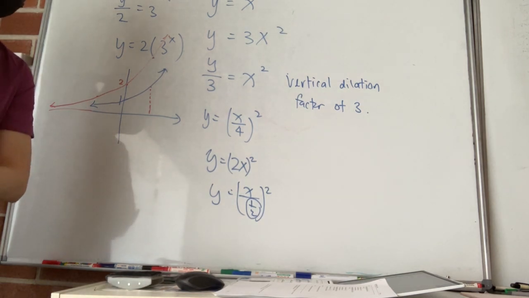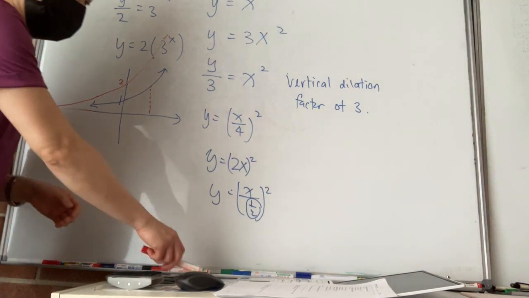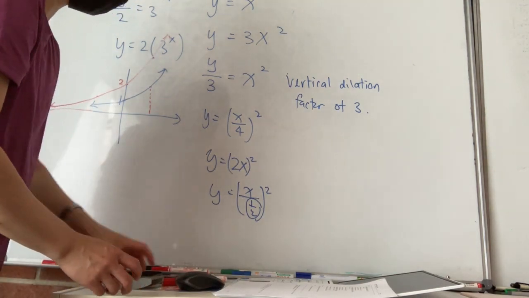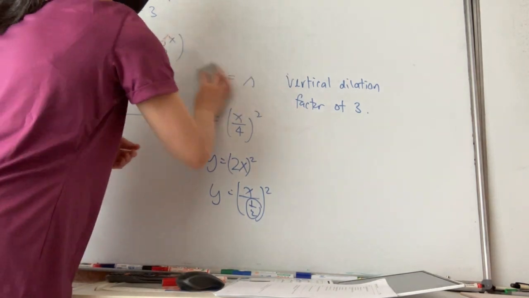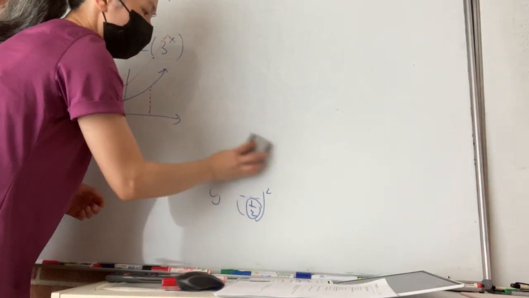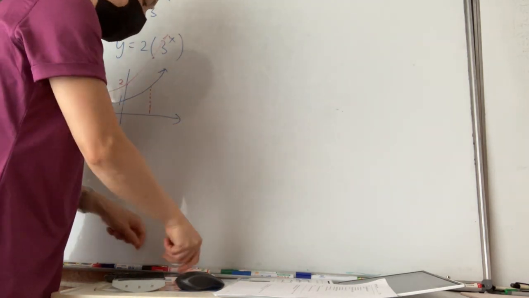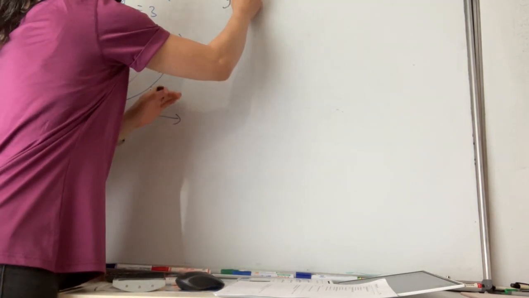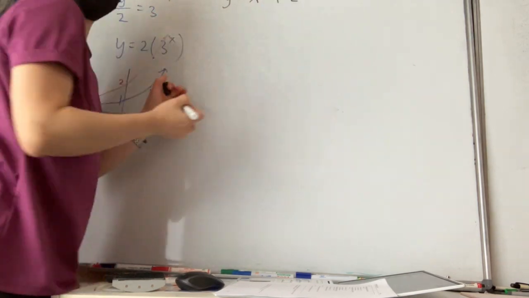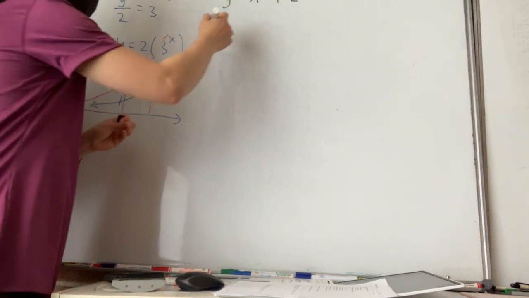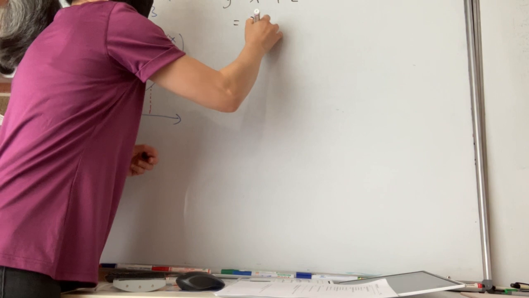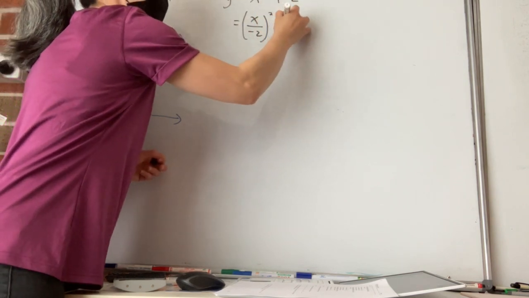Now, let's look at question 2. You are going to dilate horizontally by a factor of -2. Horizontal dilations means I put the dilation under the x. So you are going to have the equation y equal to x squared plus 2. Your horizontal dilation is -2, so I put it here.